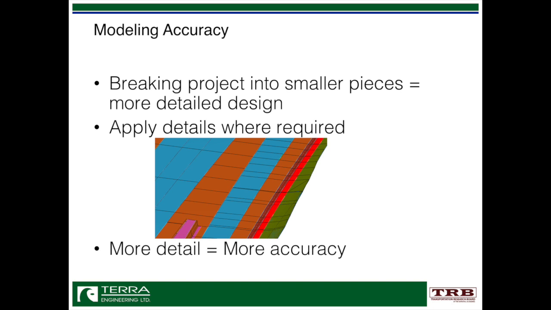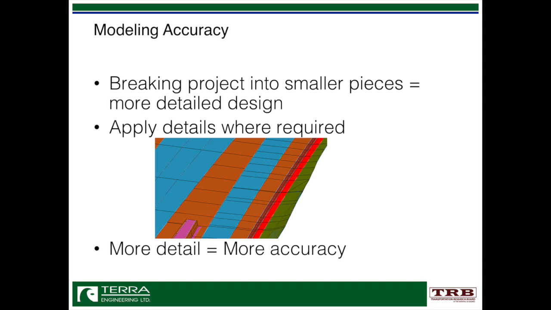Notice all those horizontal strokes represent different intervals of template drops. I don't need the detail on the main line because the main line is a very simple straight grading, but I need more detail on the gore. So because each piece is this independent, unique corridor, I apply detail only where you need it, and you don't apply detail across the whole length.